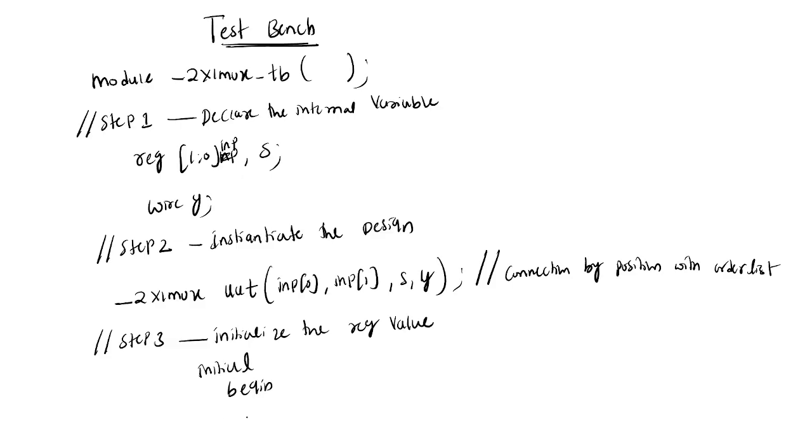I am using the concatenation operator, so whatever the reg variables are, inp of 0, inp of 1, and s, I initialize them to 0, and end. So this is step 3: whatever internal variables are there, you need to initialize them.